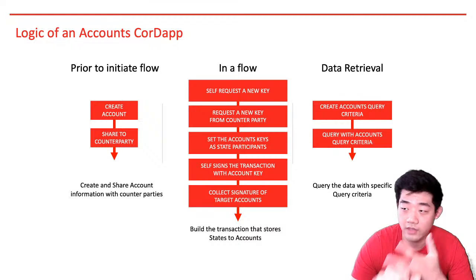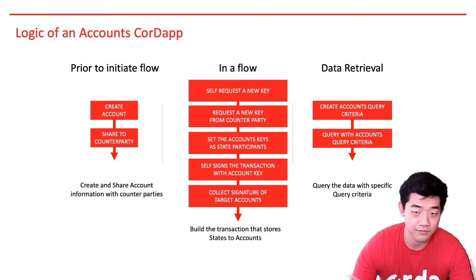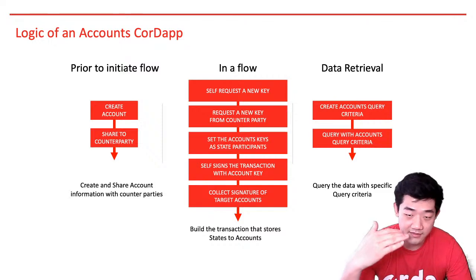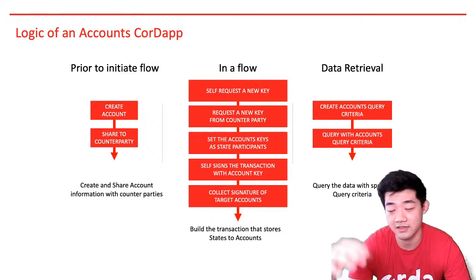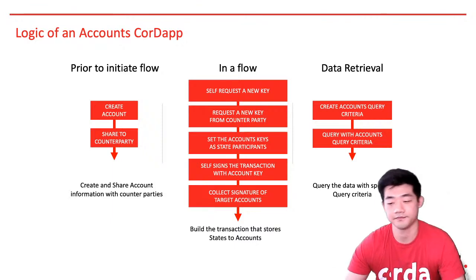I will show you one demo flow that begins with self-requesting a public key and private key pair, then setting the participant, signing it, and then collecting signatures. Lastly, I will show you the code to properly do the queries.